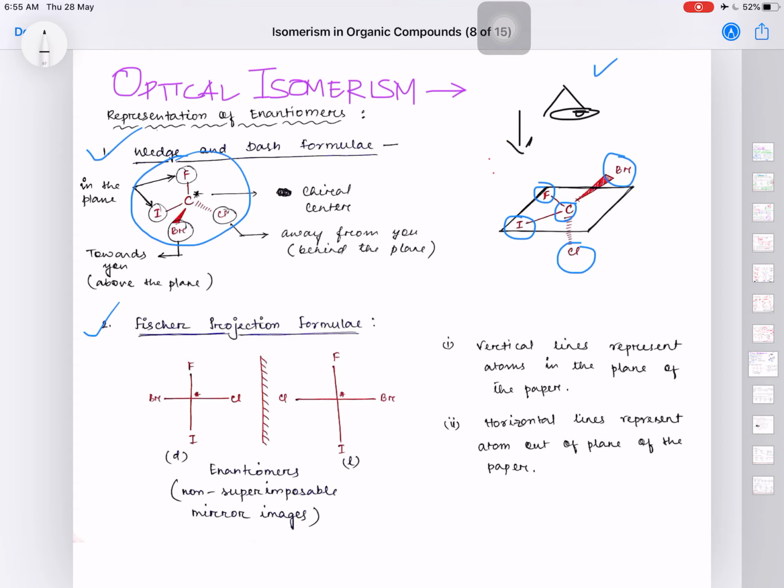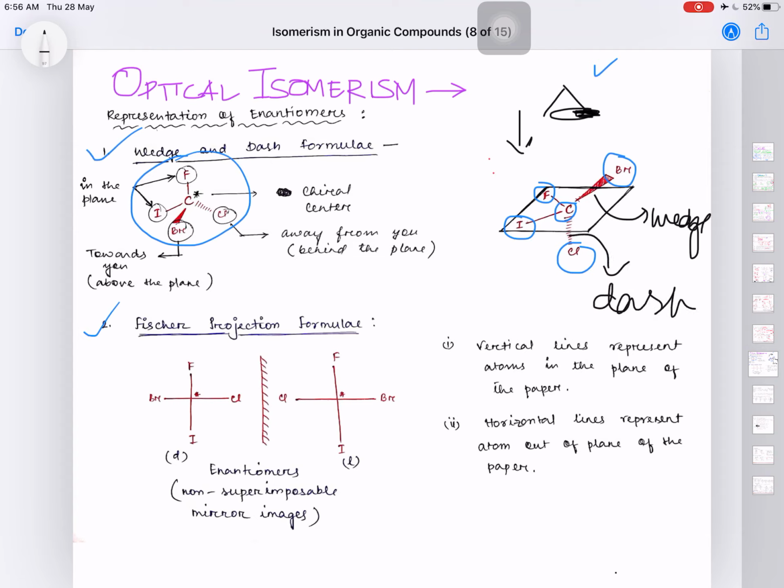This bromine is towards you. If the bromine is towards you, it is represented by this solid line, which is called a wedge. And the chlorine is away from you, far away and behind the plane of the paper, so it is not visible to you. That's why it is represented by a dash.